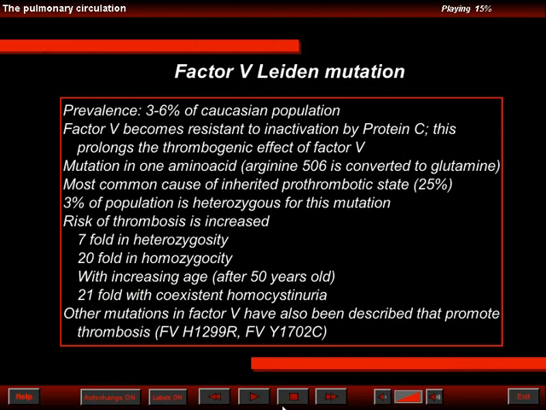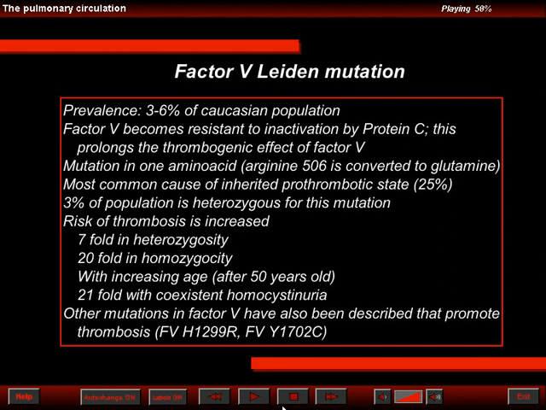Factor V becomes resistant to inactivation by protein C. This prolongs the thrombogenic effect of factor V. Mutation in one amino acid, arginine 506, is converted to glutamine. Most common cause of inherited prothrombotic state in 25%. 3% of the population is heterozygous for this mutation.